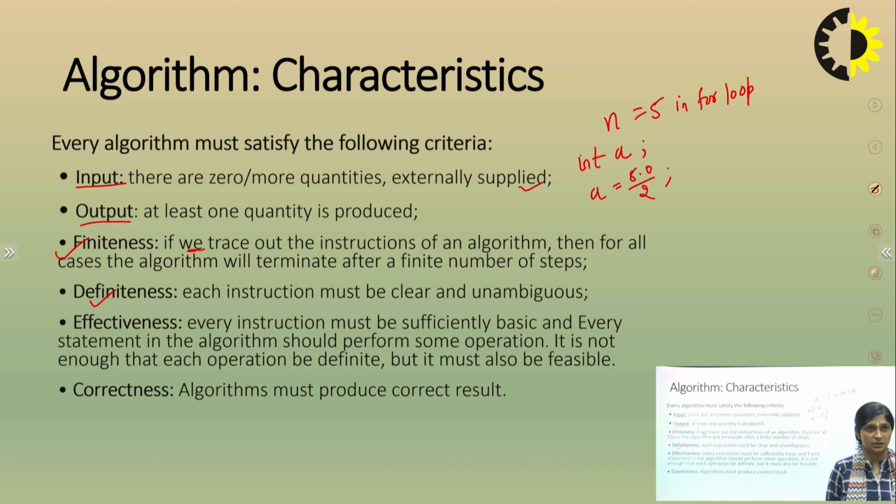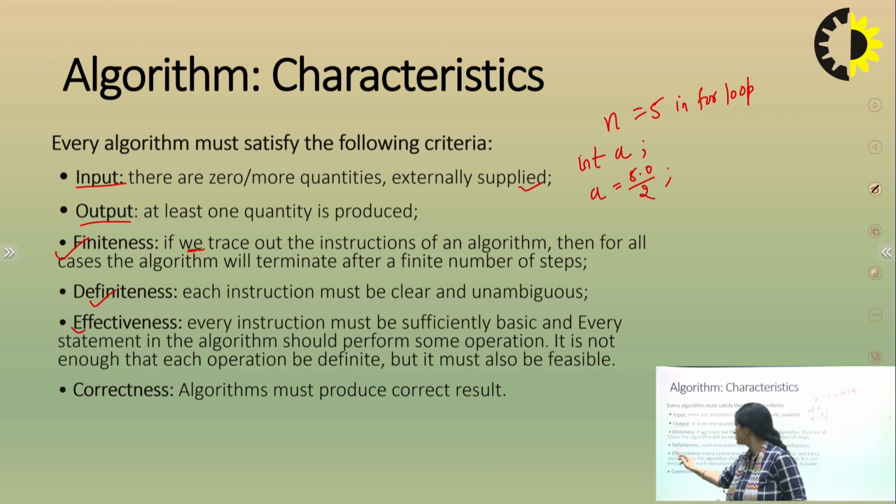It's not possible. There is some error. There will be some error when you run the program, right? There is some syntactical error. It means each instruction in an algorithm must be clear, must be unambiguous. This is an ambiguous statement, right?